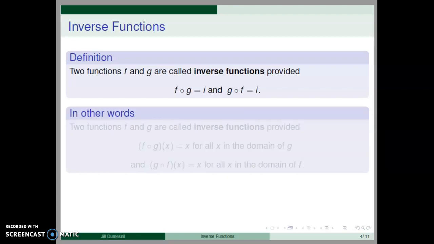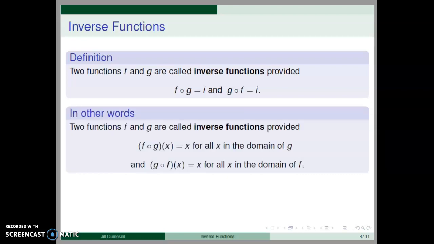In other words, two functions f and g are called inverse functions, provided f circle g of x is x for all x in the domain of g, and g circle f of x is x for all x in the domain of f. Essentially, this says that inverse functions undo each other. Applying them in succession leaves the input unchanged.